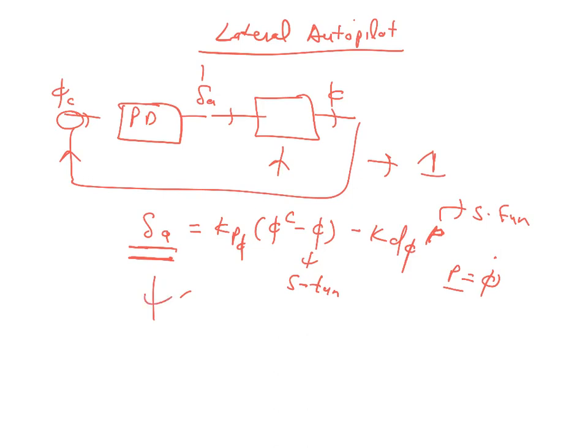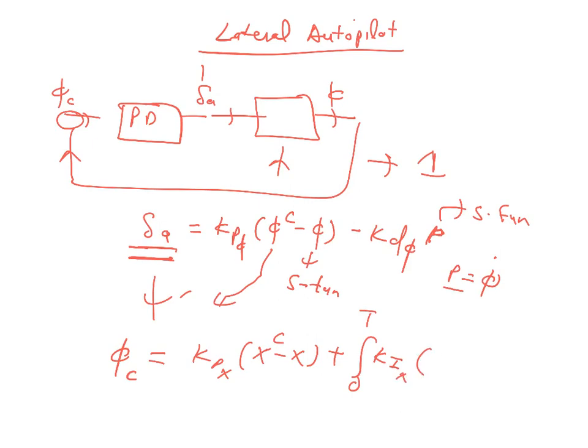That's the inner loop, and the outer loop is basically your phi commanded. Phi commanded will be equal to Kp chi times (chi commanded minus chi) plus the integral from 0 to t of Ki chi times (chi commanded minus chi) dt.